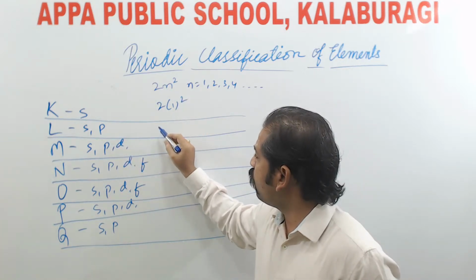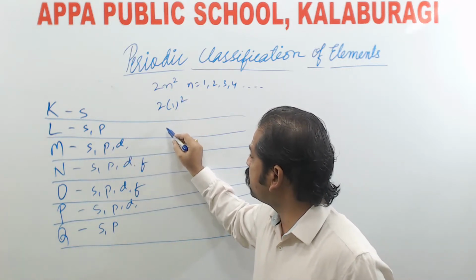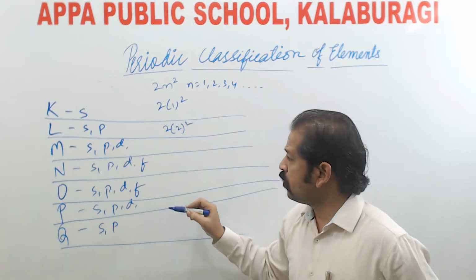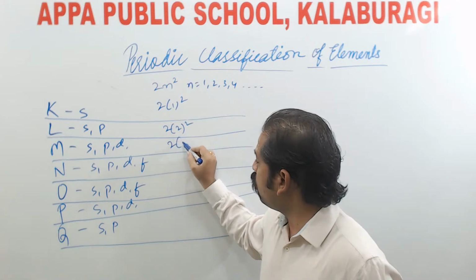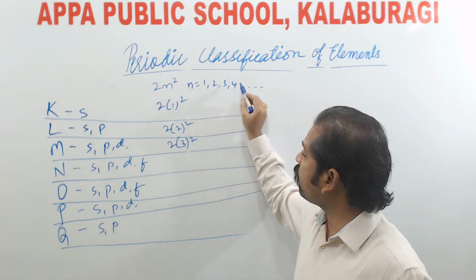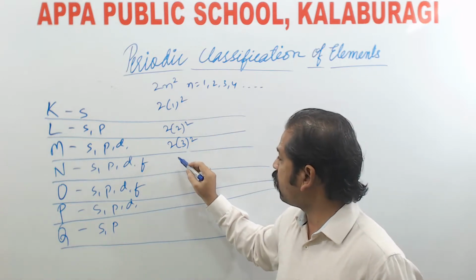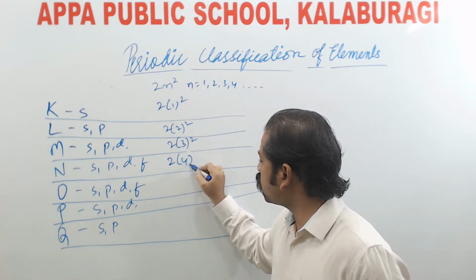For L, the value of n is 2, 2 square. For M, 2 into 3 square. The value of n is increasing. For N, 2 into 4 square.